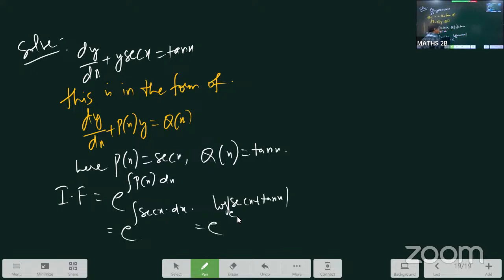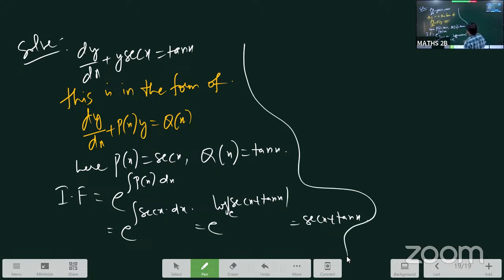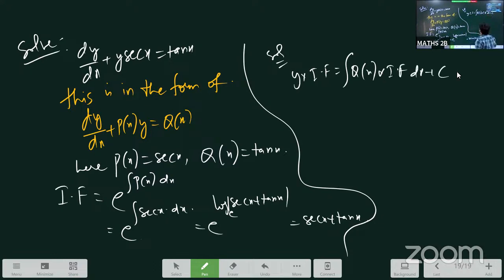Yesterday only I told you, e to the power log f of x to the base e is f of x. So it is secant x plus tan x. This is your integrating factor. Now, what will be your solution? Y into integrating factor equals integration of q of x into integrating factor dx plus c.